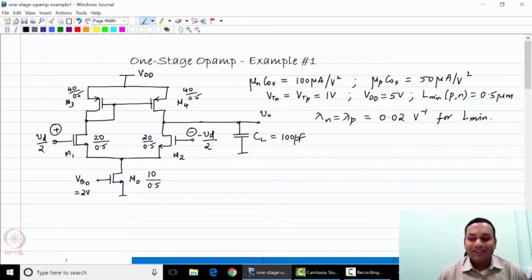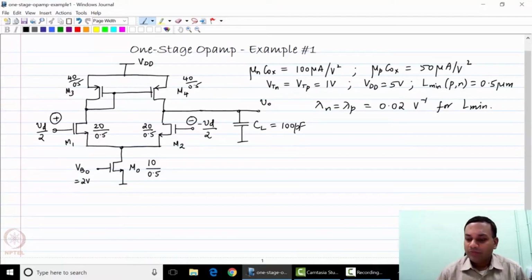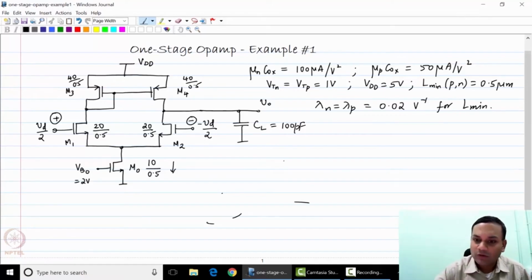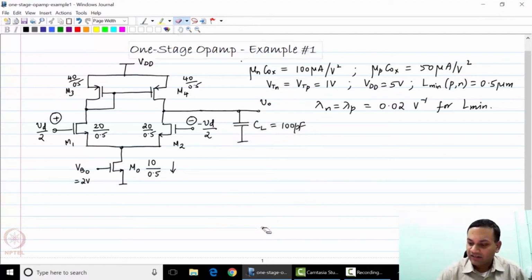So the first thing we can do is write down the expression for the voltages and currents of every device that we can analyze. The first thing we will do is to find out the value of the current through M0, which is ID0.